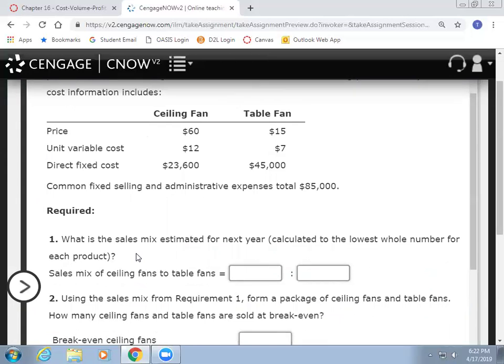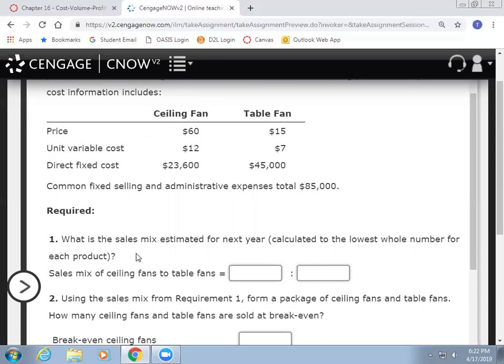And as it says, you want to go down to the lowest possible whole number. When they're talking about sales mix, for ceiling fans, they plan to sell 30,000. They're selling 70,000 table fans. So that's your sales mix at its greatest number, obviously.